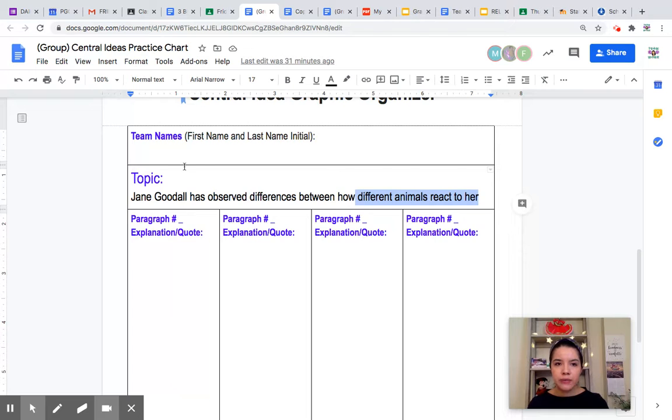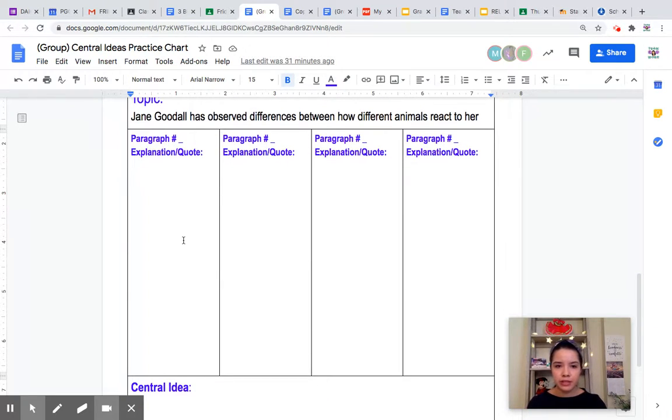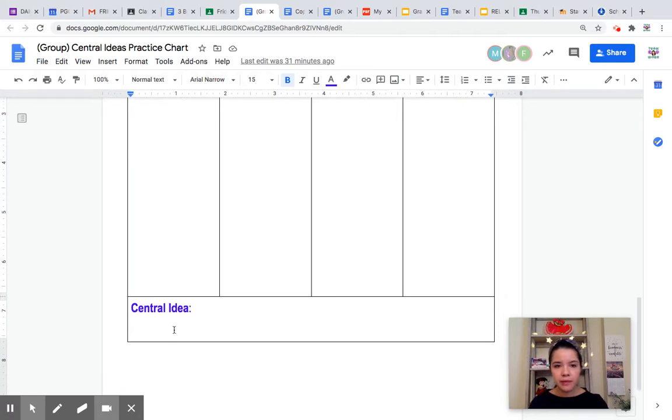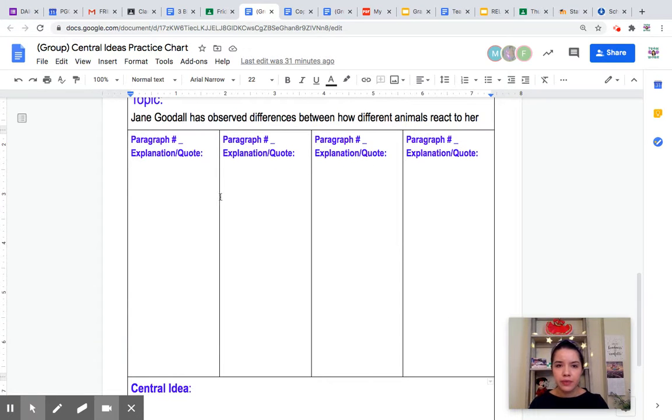Okay, today we were working in teams. We made sure that we had one team writer to type down our names right here. When our team completed this part of the chart, in the bottom part, we had the central idea. So the central idea, again, as a team, you collaborated to give me at least one sentence about what it meant to have these paragraphs. Okay, so let's take a look at the teacher example one more time.